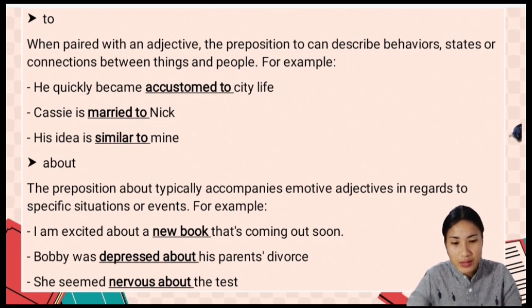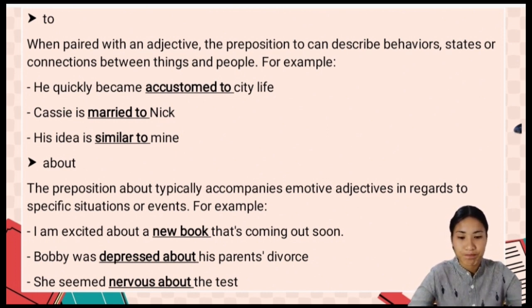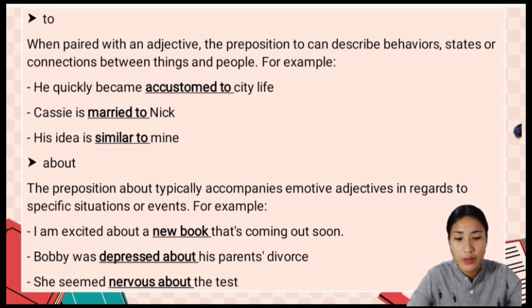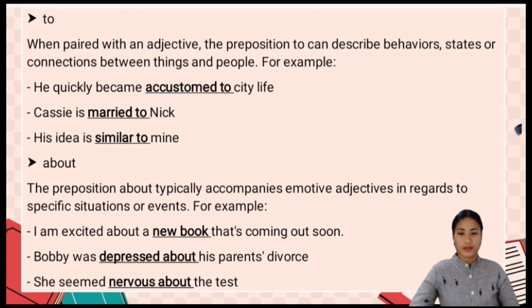Bobby was depressed about his parents' divorce, and she seems nervous about. So we can see excited about a new book, depressed about, and nervous about. So that's the preposition about with adjective.